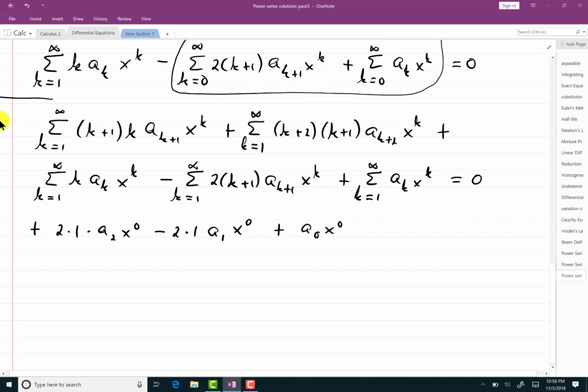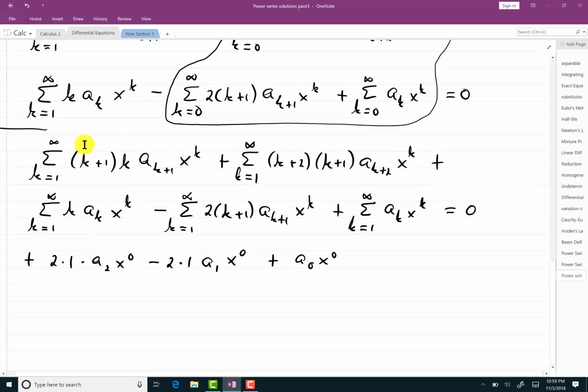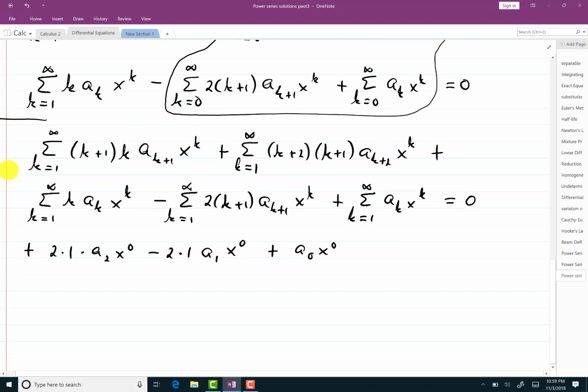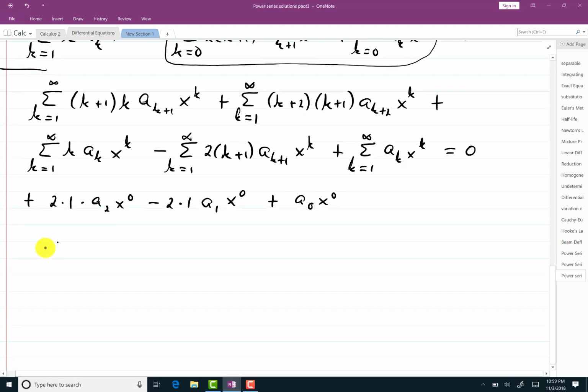Now notice, everything starts when k is equal to 1. Everything has x to the k in common. So all of this stuff I can write as one big series, k equals 1 to infinity.